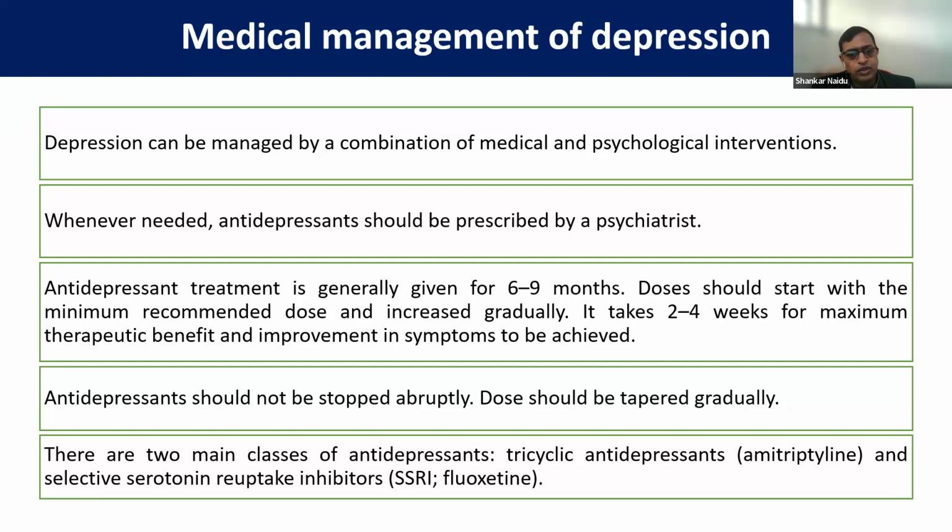However, the decision of how long to continue would be taken by a psychiatrist. The doses have to be started at a lower dose and gradually increased. The most important thing is that antidepressants should never be stopped abruptly, and they should be gradually tapered in consultation with a psychiatrist. As far as the drugs are concerned, there are two main classes of antidepressants, that is tricyclic antidepressants and the SSRIs.